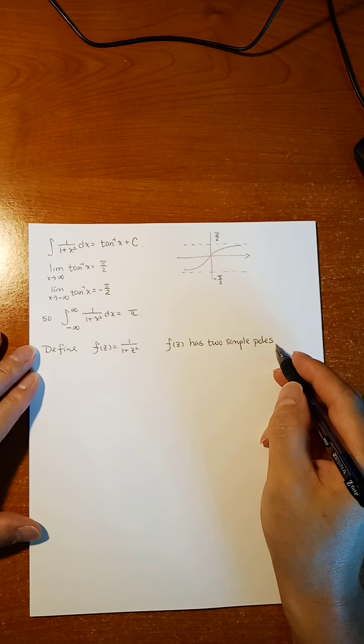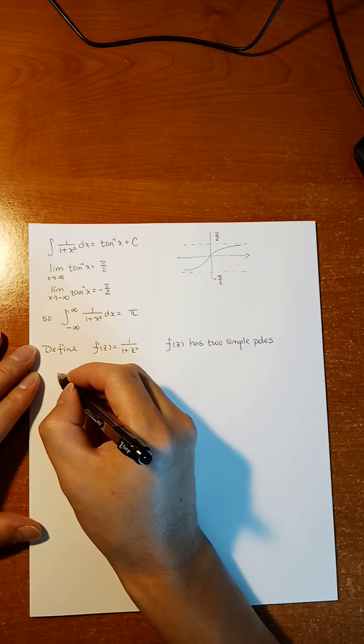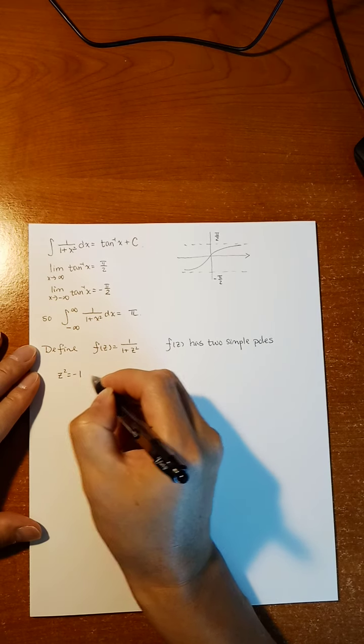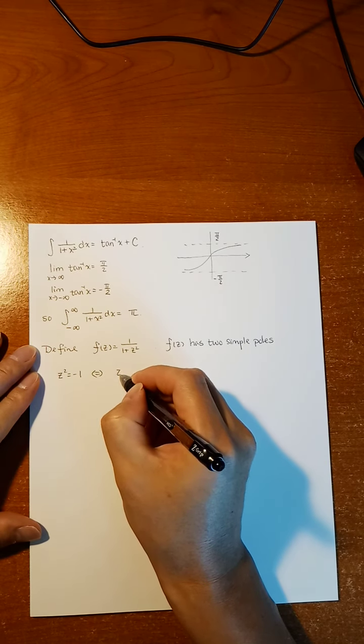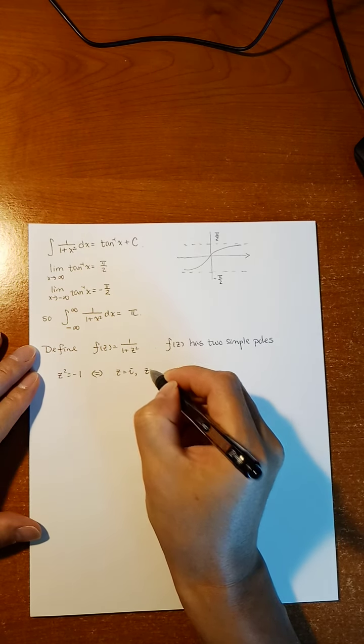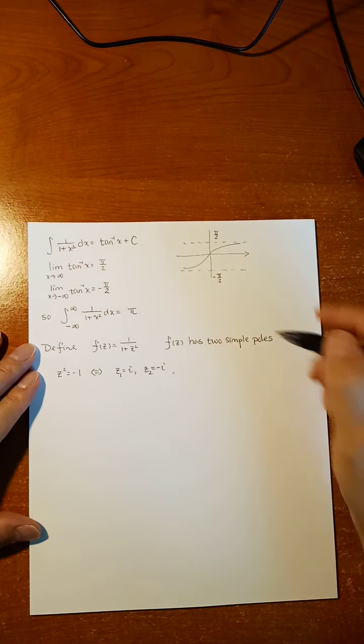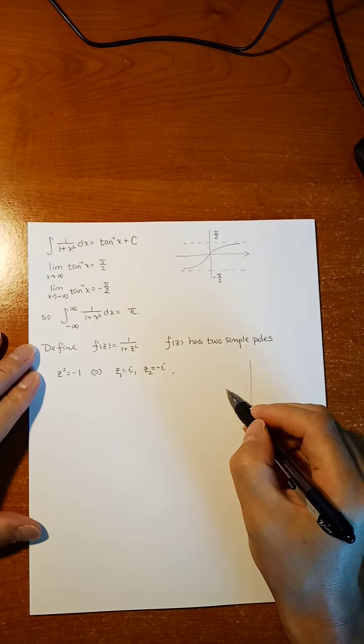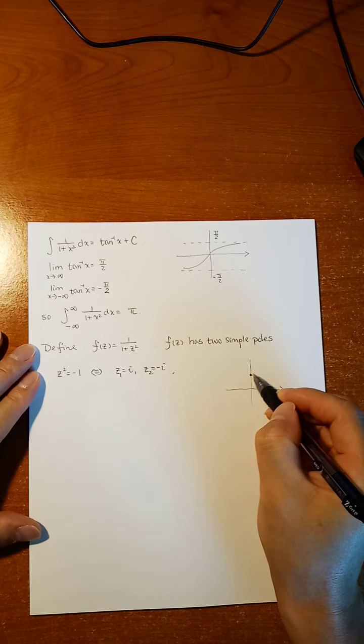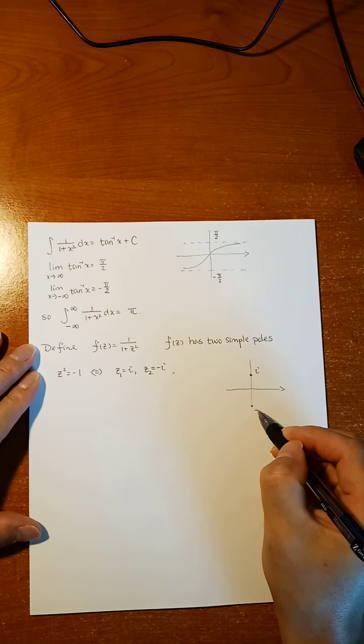What are those simple poles? Remember that z squared equals negative 1, so z is i and z is negative i. So z1 is i, z2 is negative i. So you have i here and negative i here.